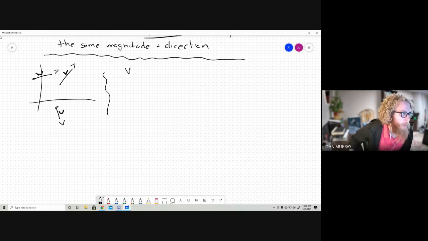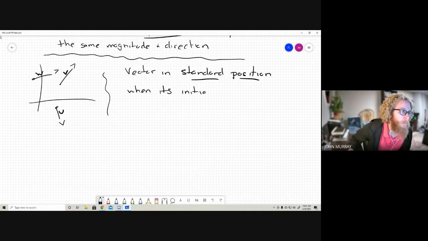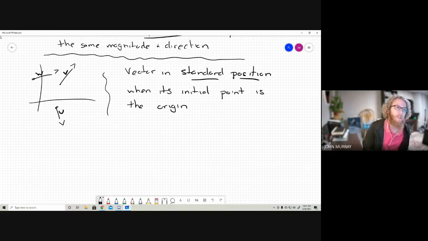We can have a vector in what's called standard position, when its initial point is the origin, right?